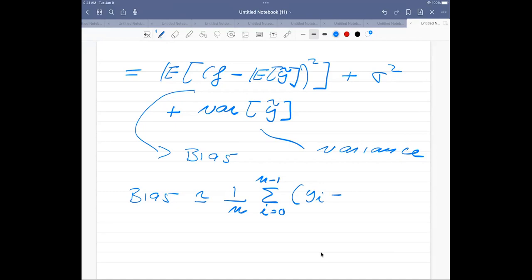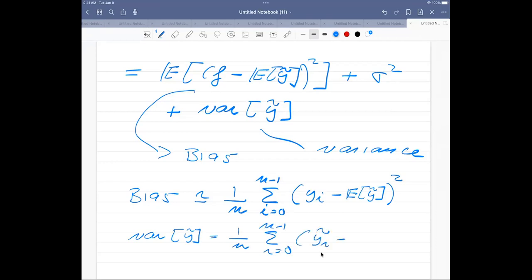And then we have minus the expectation value of your model, squared. The variance is something you can calculate immediately. That is going to be given by, again, 1 over the number of points you have, and then it's y tilde of i minus the same expectation value.